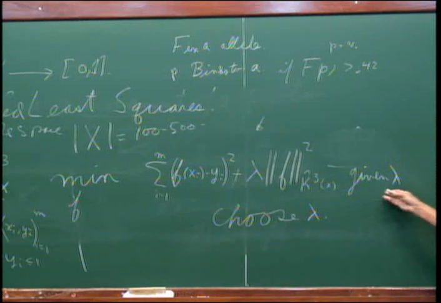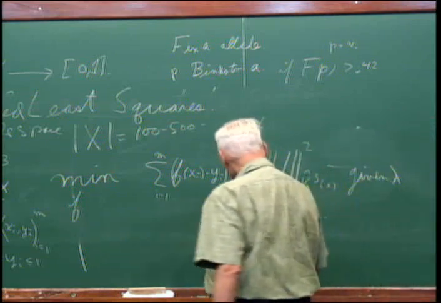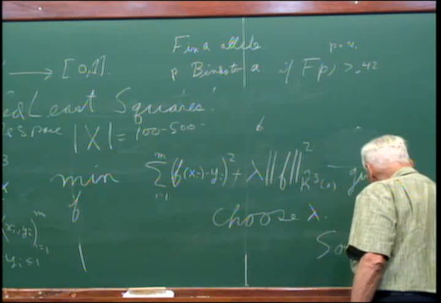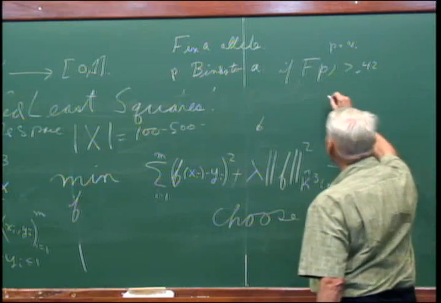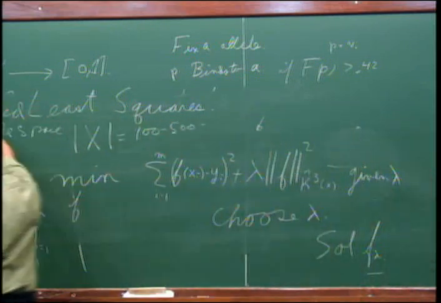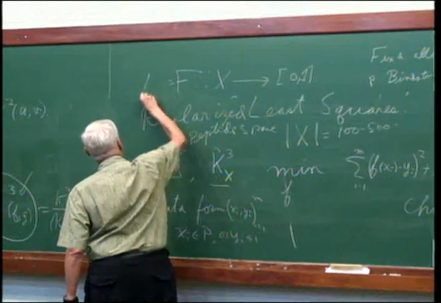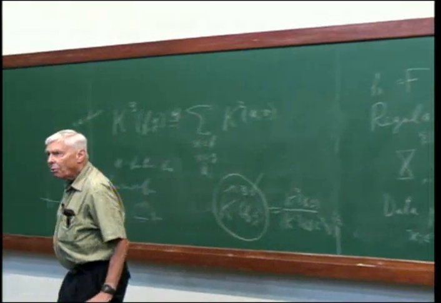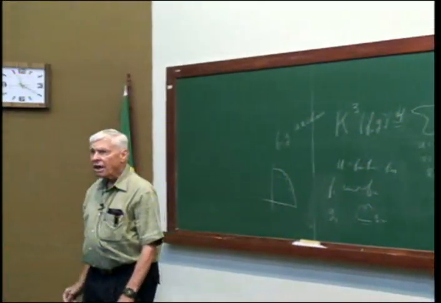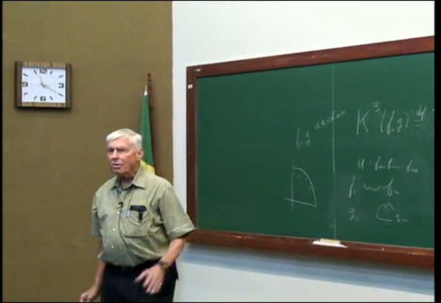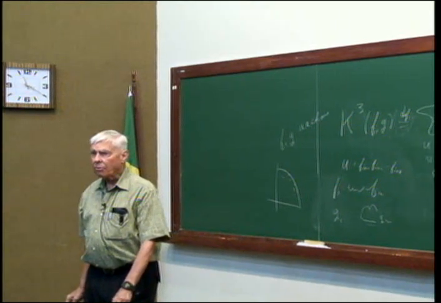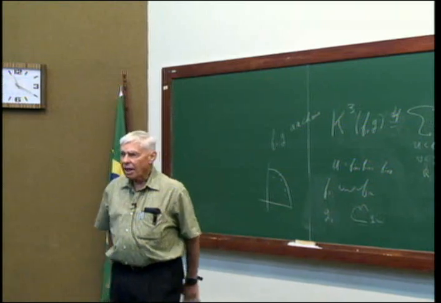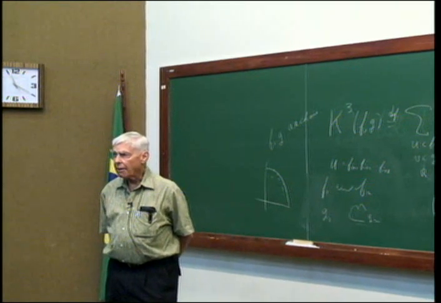Okay, so that has a solution. We call that solution f sub lambda. That f sub lambda in fact gives us an f here. I've condensed things a little bit, but I've given a pretty complete sketch of the algorithm and the mathematics here. I've rushed over a couple of things, but that's pretty complete.